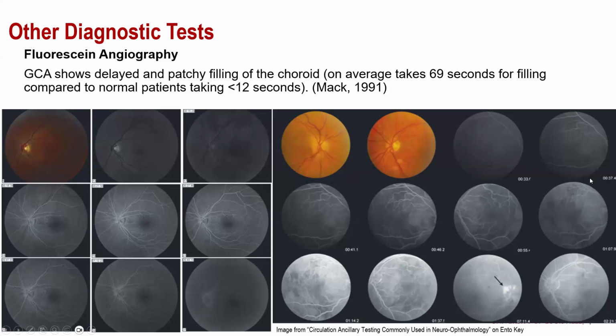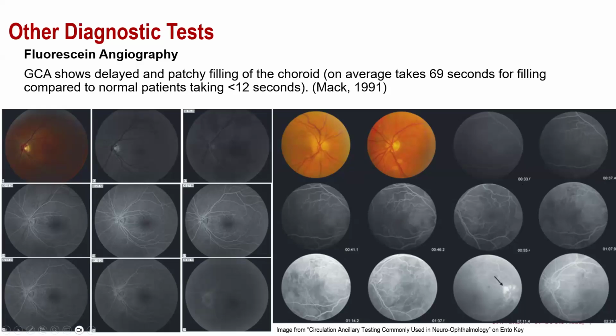If you look at the time stamps, you'll see it takes a prolonged period of time for the choroid to fill. In studies, they've shown that on average for a giant cell arteritis patient, it takes 69 seconds to fill the choroid, compared to a normal patient where the choroid usually fills in less than 12 seconds.